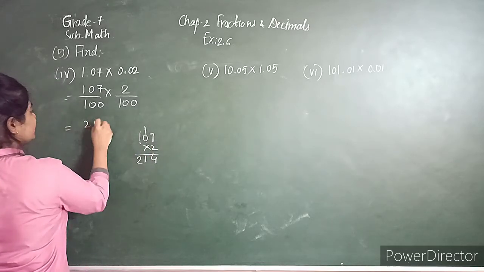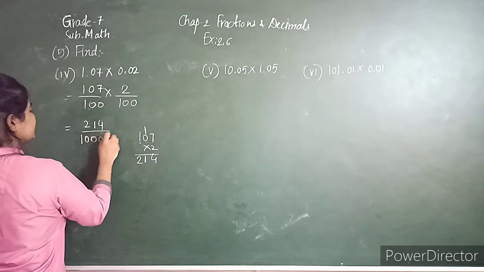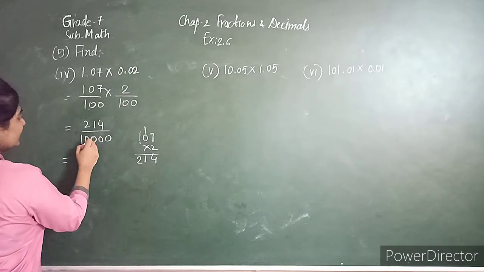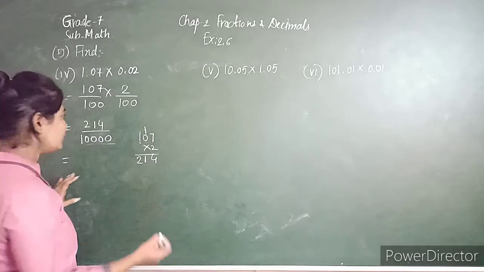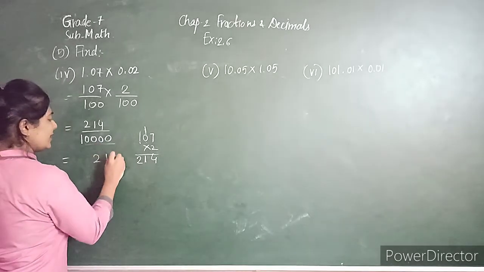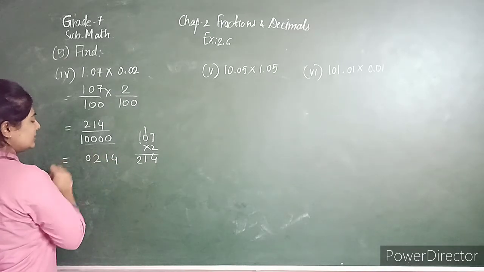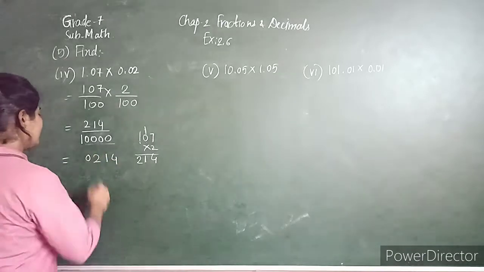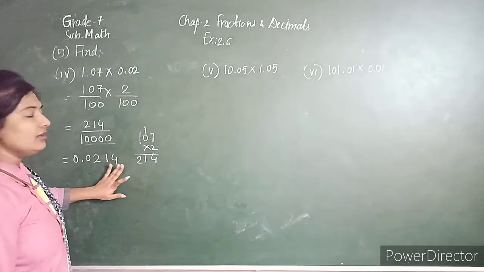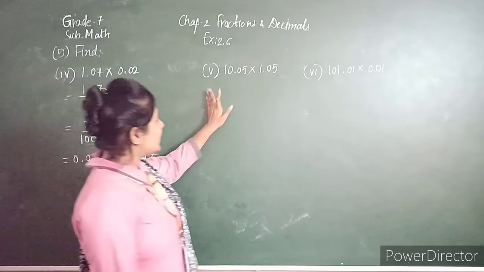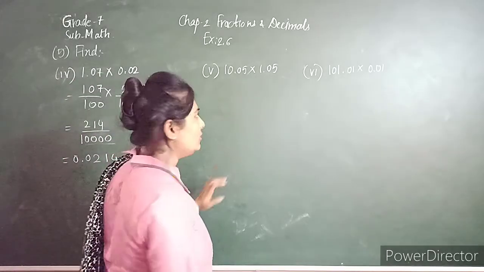So it is 214 upon 100 into 100, that is 10,000. So in 10,000 4 zeros are there, so we have to put point before 4 numbers. So now we have to count it from backside 1, 2, 3, and we have to write here 0 to make it 4 numbers. So now put point over here, so our answer is 0.0214.